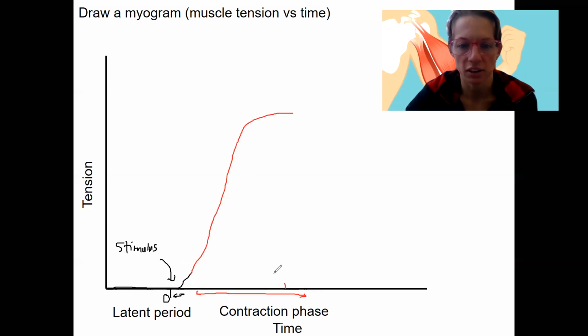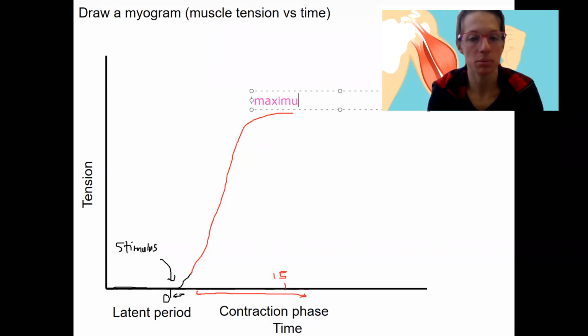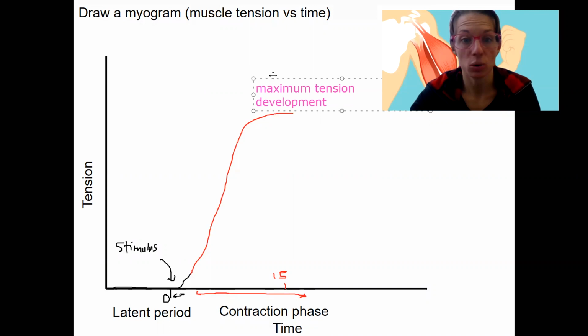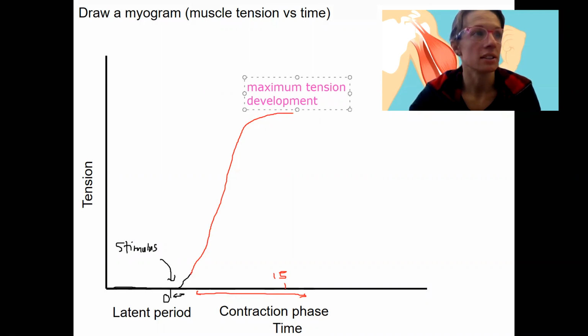I'll put 15 here. Maximum tension due to one single action potential firing. I'll label that up here. That's going to be maximum tension development. And this whole thing we're drawing right now is a single twitch.